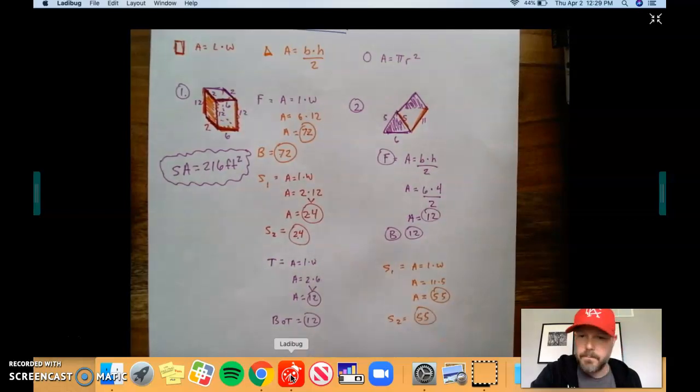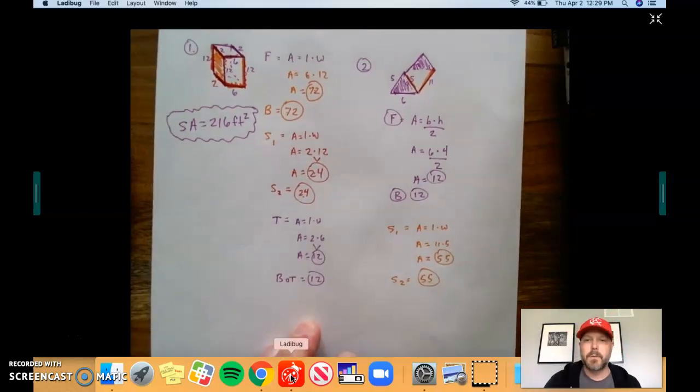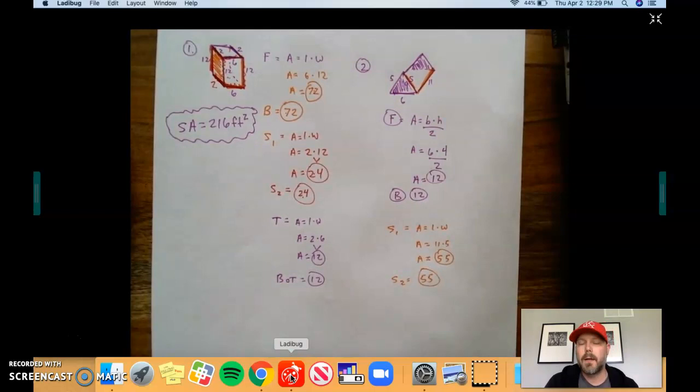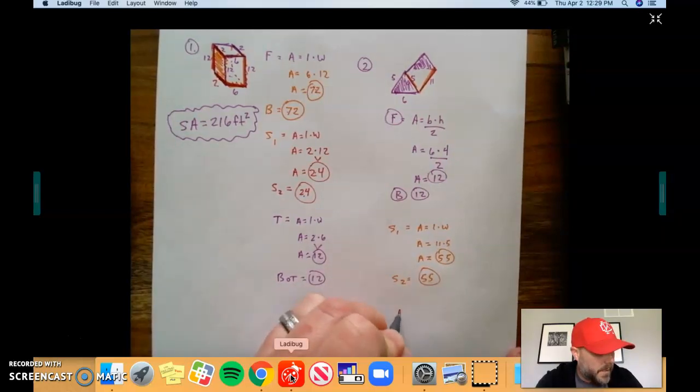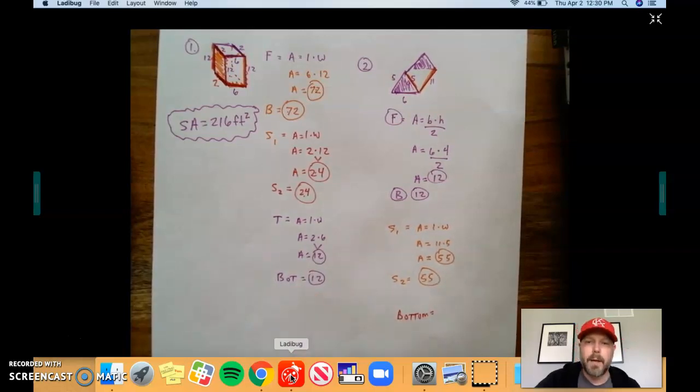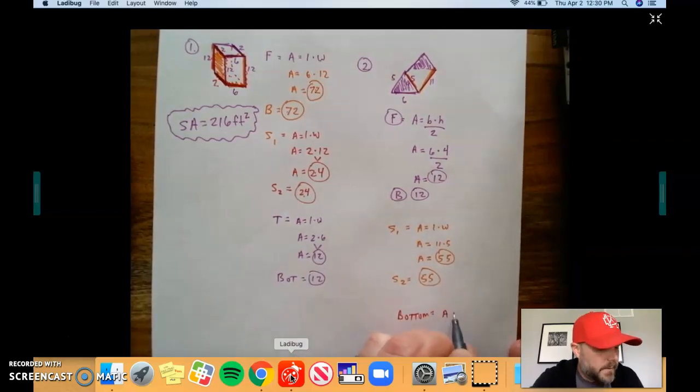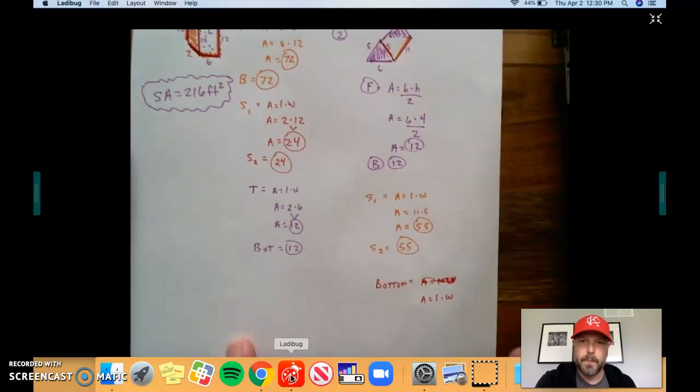They're the same. But this is a little trickier because the bottom is not the same. The bottom has different dimensions. Don't miss that, okay? So let's see. We'll do bottom. And the bottom, it is a rectangle, so we're still going to use length times width, okay?